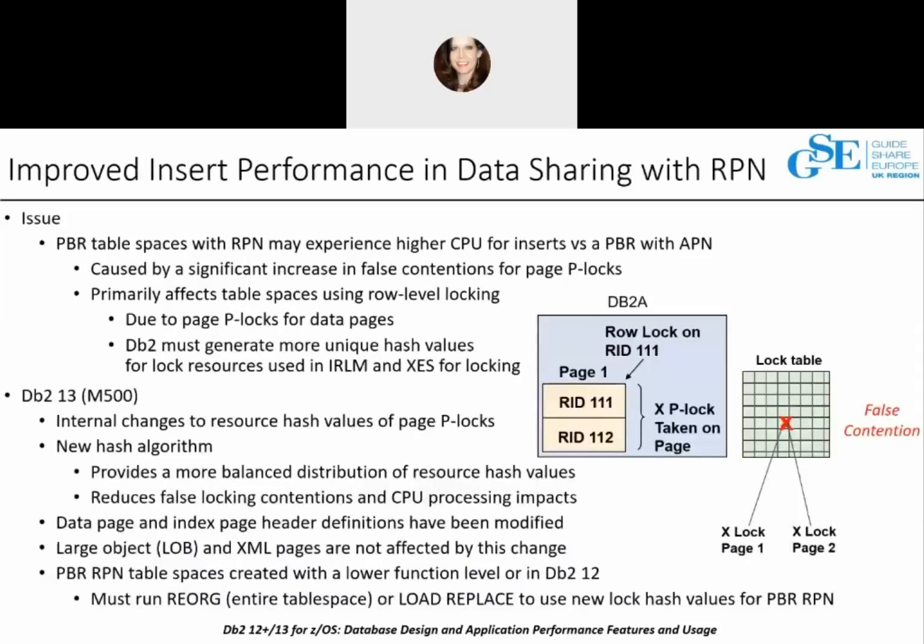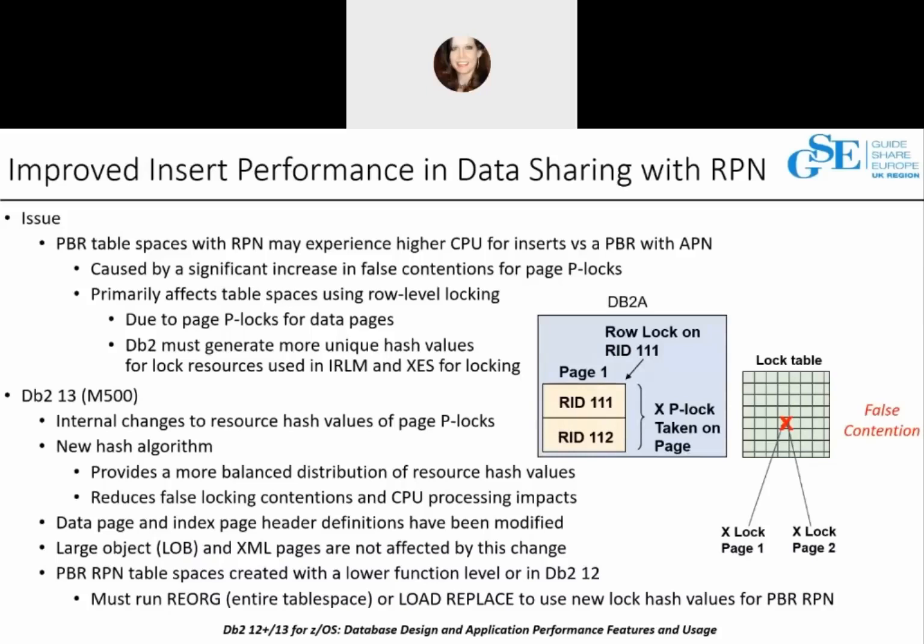There are also improvements for RPN table spaces in terms of inserts. There was an issue with inserts in a data sharing environment with RPN table spaces because of the number of data page P-locks that needed to be taken. This is particularly frustrating with row level locking because a lot of unique hash values had to be generated, since Db2 only uses P-locks on pages, not rows.